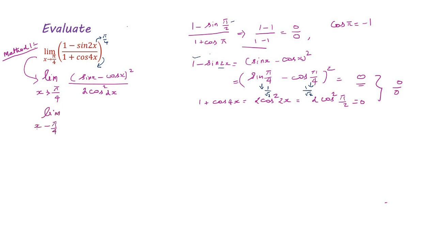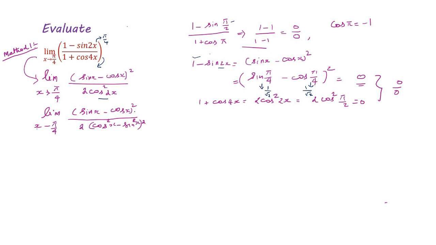Limit x tends to pi by 4. Take only the denominator and write it as it is. The denominator, cos squared 2x, can be written as (cos squared x minus sin squared x) the whole square. Now try substituting x as pi by 4.